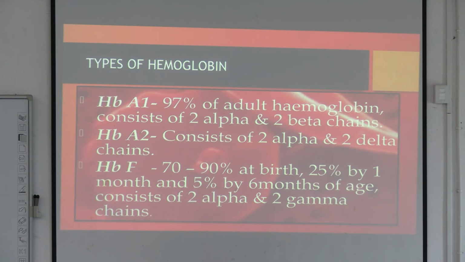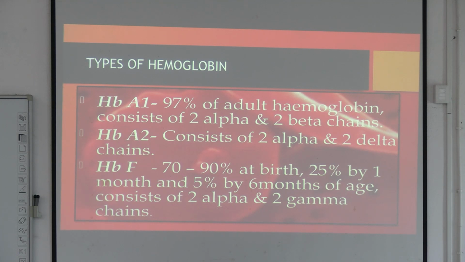It is a minor portion of hemoglobin, composed of 2 alpha chains and 2 delta chains. Hemoglobin A0 is the normal major constituent, 70 to 90%. Hemoglobin A2, in our normal individual, is less than 3.5%.